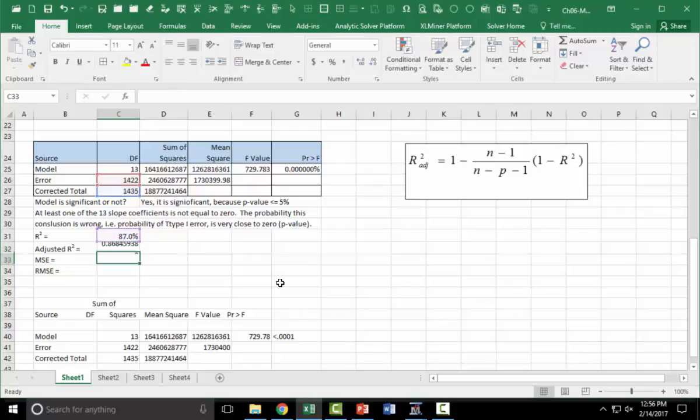Right? That's your adjusted R squared. So slightly smaller than that.